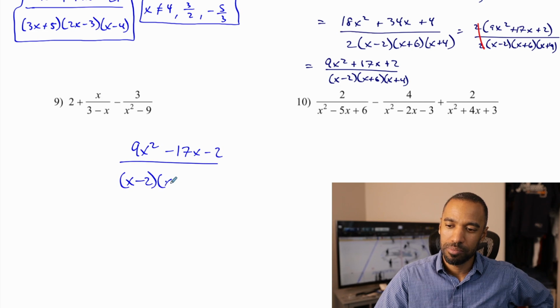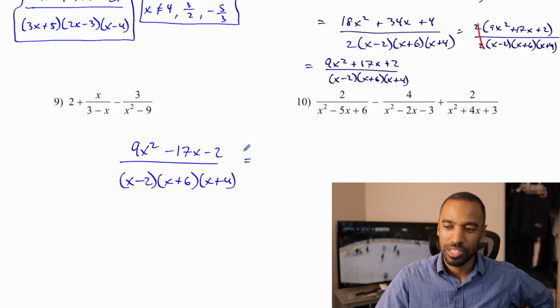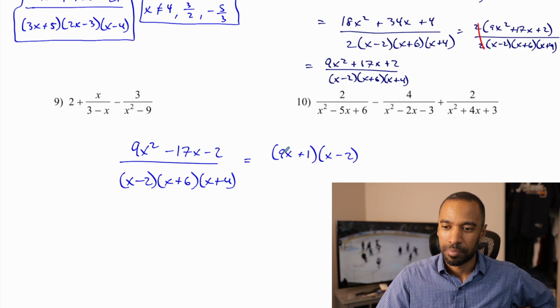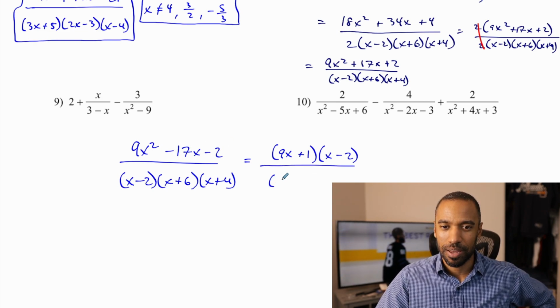See, if this problem said this, and I'm trying to do this mentally, the top would have been able to factor to 9x plus 1 times x minus 2. Confirm that. Negative 18x plus 1x is negative 17x, right? And then the x minus 2's here would have been able to cancel.